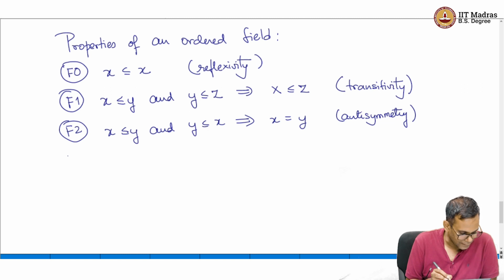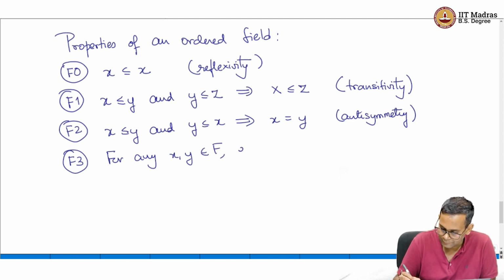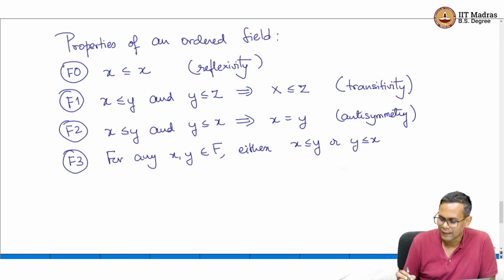The fourth property, I have already mentioned this, is that for any pair x and y in F, either x is less than or equal to y or y is less than or equal to x. This is basically another version of trichotomy.